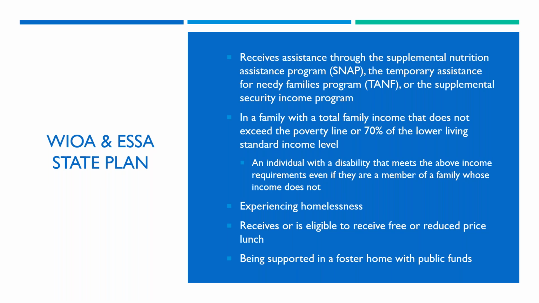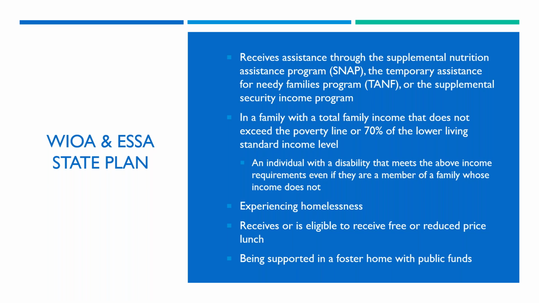And then we're also talking about students or families that are experiencing homelessness. They are currently receiving or are eligible to receive free or reduced priced lunch. And then they are being supported in a foster home through public funds.